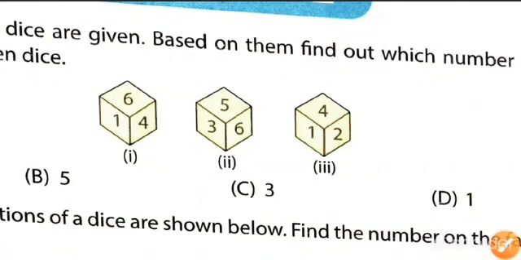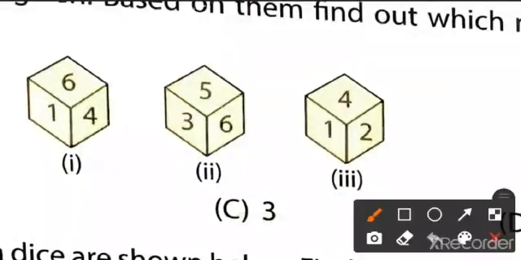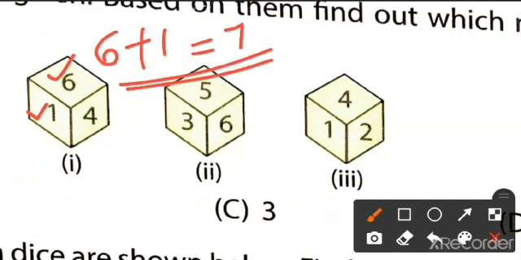Now, first of all, what we have to do is check whether this dice is a standard dice or a general dice. As I told, in a general dice the sum of the adjacent faces, this is 6 and this is 1, the sum of the adjacent faces will be equal to 7. So it will be a general dice. Why?